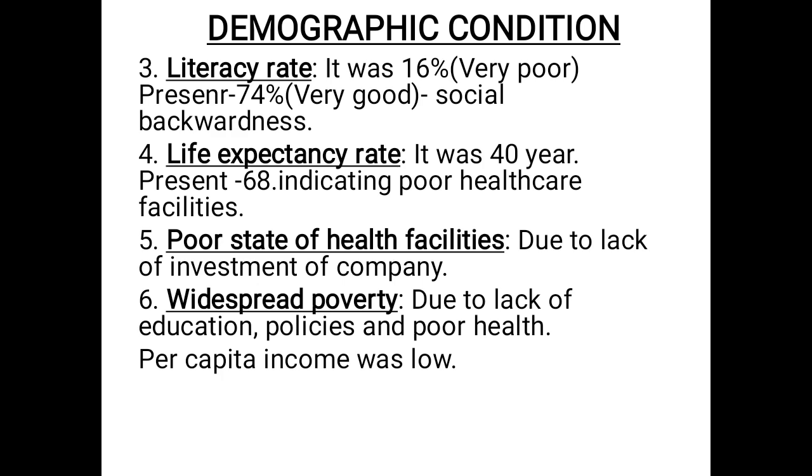Number 4, life expectancy. At present, it is 68, which shows good health care facilities. But in the colonial period, it was 40 years. It shows that poor health services were there, so people were unable to survive.